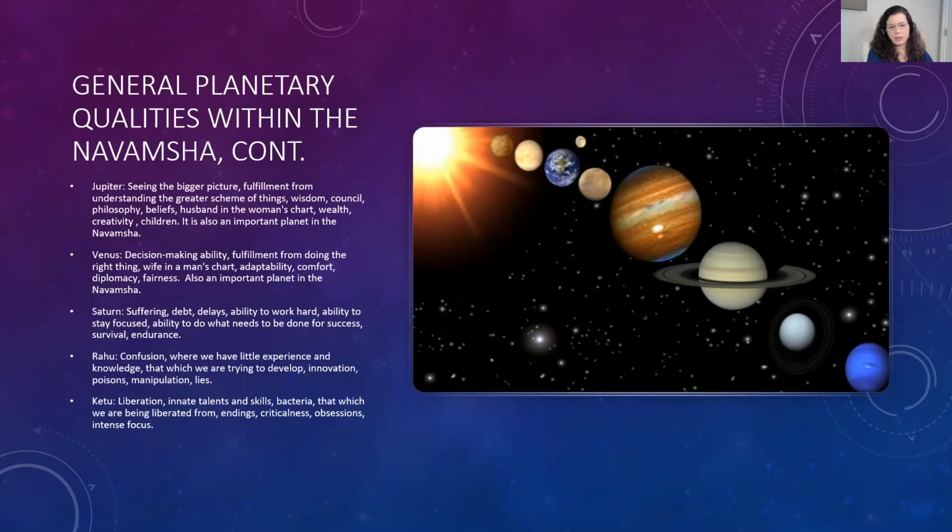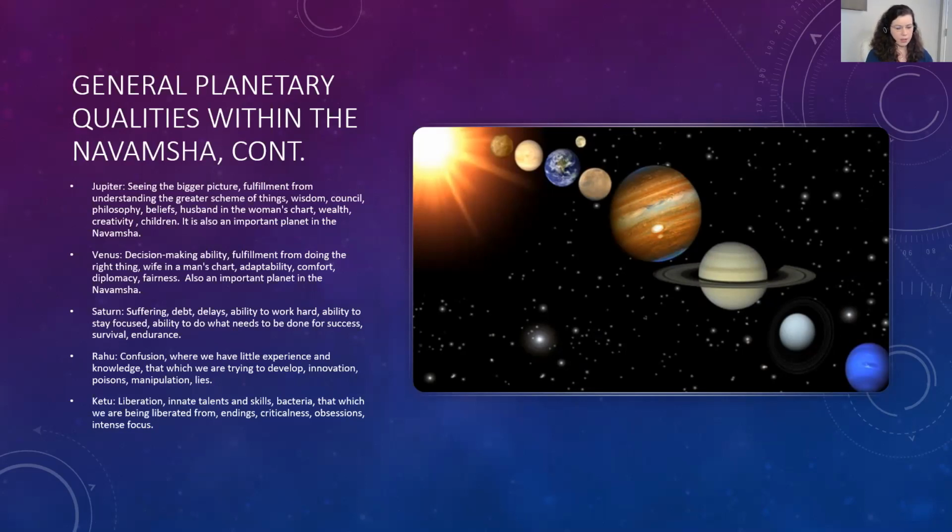So Jupiter is seeing the bigger picture. It's fulfillment from understanding the greater scheme of things, wisdom, counsel, philosophy, beliefs, husband in the woman's chart, wealth, creativity, children. It's a very important planet in the Navamsha. It represents the husband for a woman's chart, as noted there.